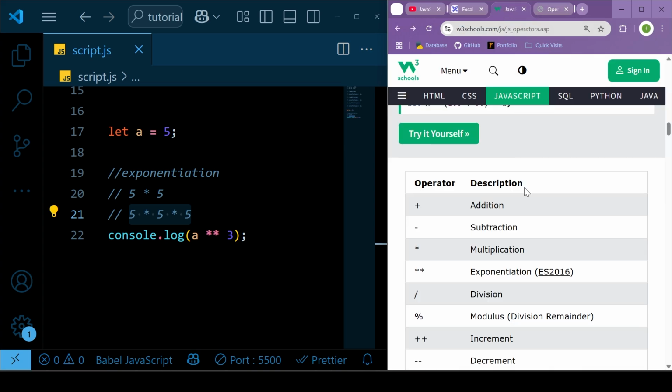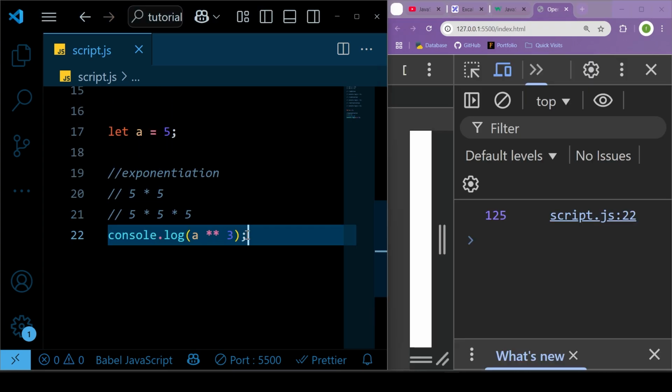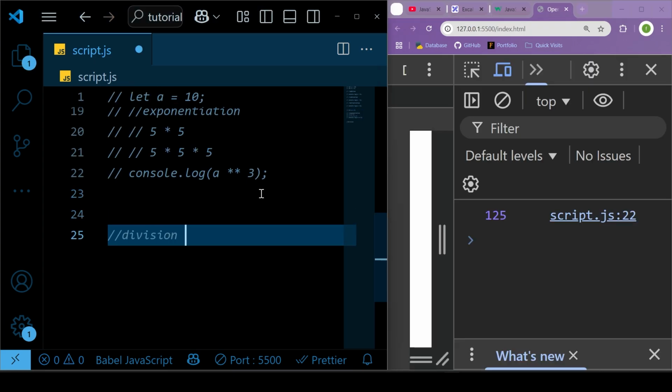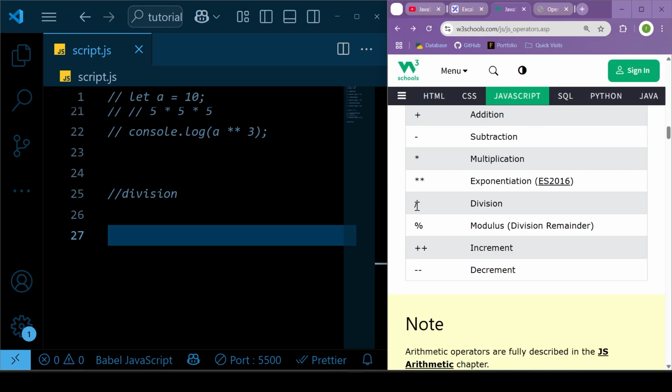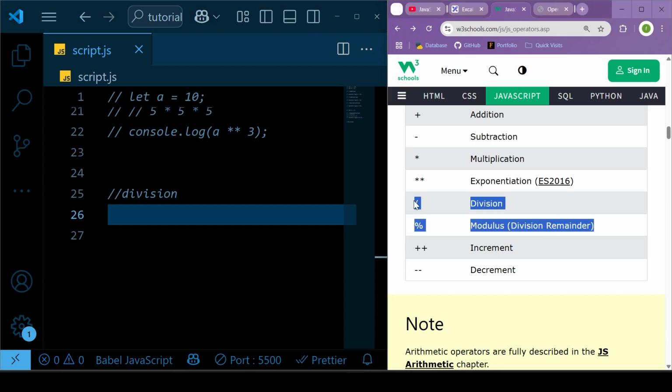So the next operator is simply your division operator. This time we will see these two, division and your modulus, at once only. Let me first explain a bit about these two.